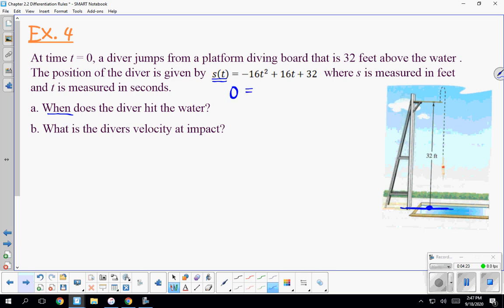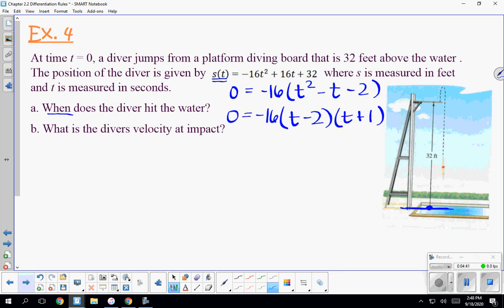So I use my position function, and I want to know when that height is 0. So we're going to factor our function. So let's factor out a -16. I'm left with t squared minus t minus 2. And if I continue to factor, I'll get t minus 2 and t plus 1. Setting those factors equal to 0, I see that t could equal 2, or t could equal -1.